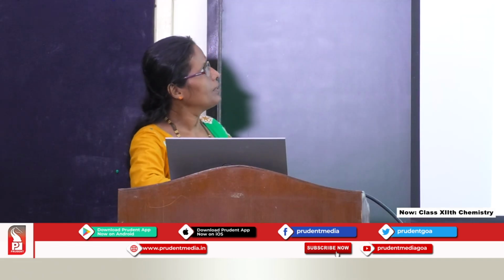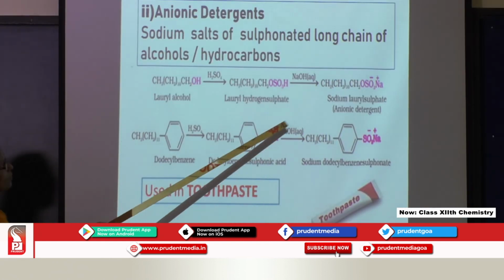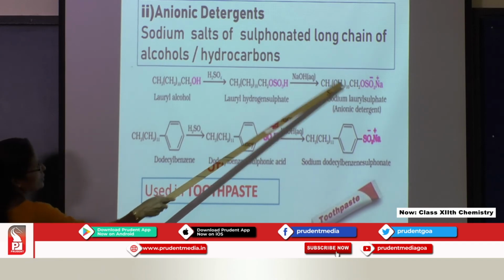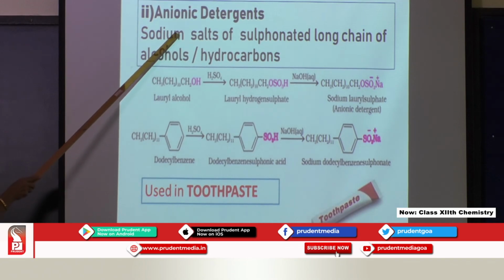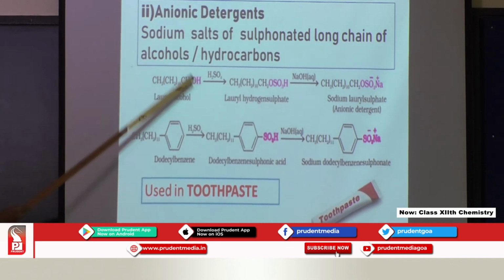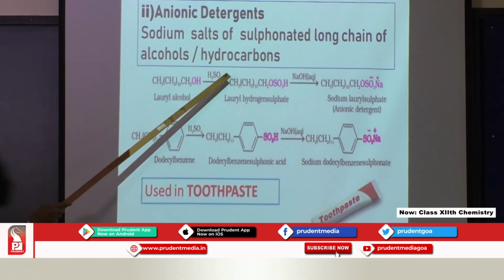Next class we have anionic detergents. These are sodium salts of sulphonated long chain alcohols. Now these reactions are not there for you all, but you just have to know the meaning of these anionic detergents and where they are used. So these have got a long chain.